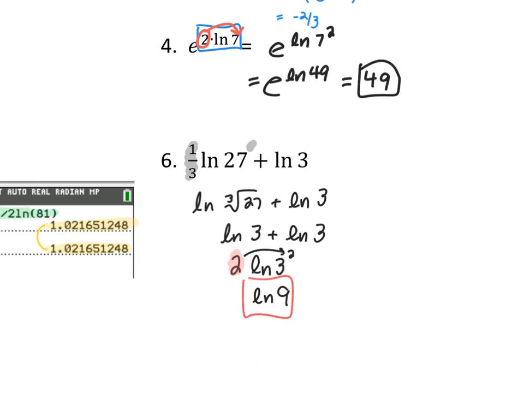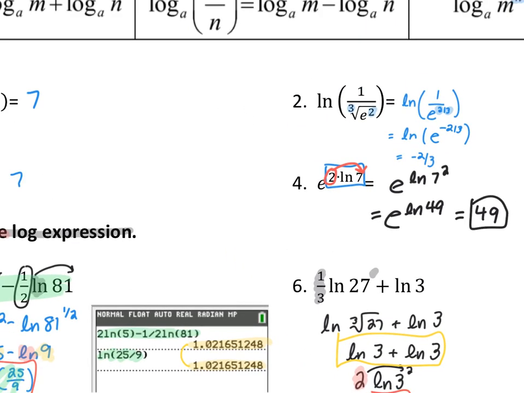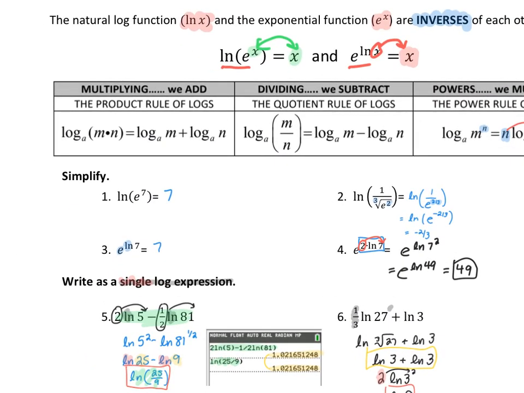I'm going to look at this another way, starting at this step right here, that's going to hit another one of these properties. Another one of these properties says that when you are adding two logs together, provided they have the same base, I'm just going to take these arguments, the numbers I'm taking the log of, and multiply them together to combine to a single log statement.